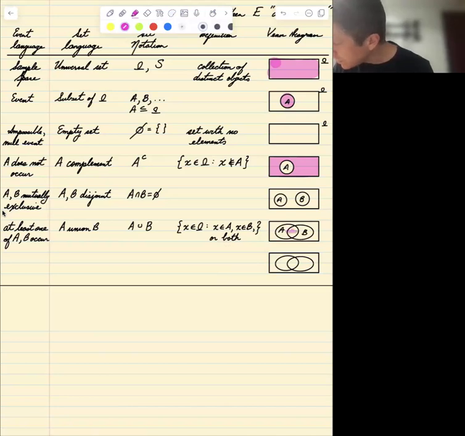The union is all of the stuff that's in at least one of A and B, including the overlap, so it could be in both, if there is overlap.